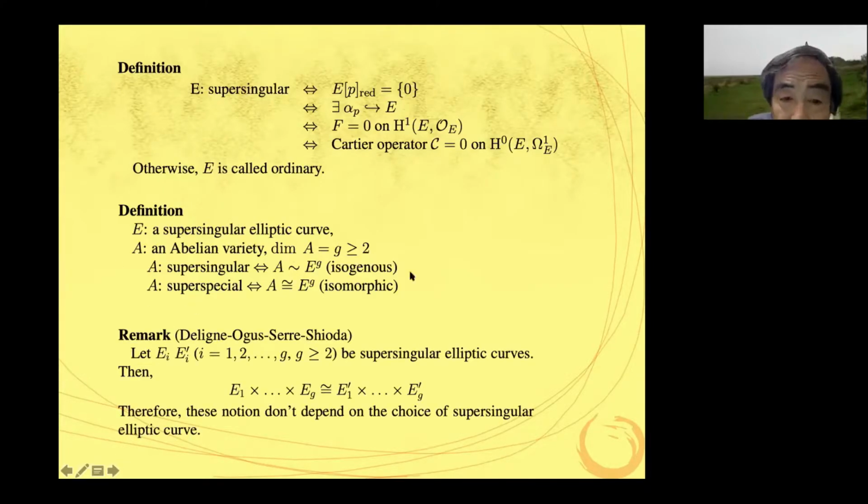This definition does not depend on the choice of supersingular elliptic curve, because if we consider G elliptic curves, then E1 times up to EG is isomorphic to this one.